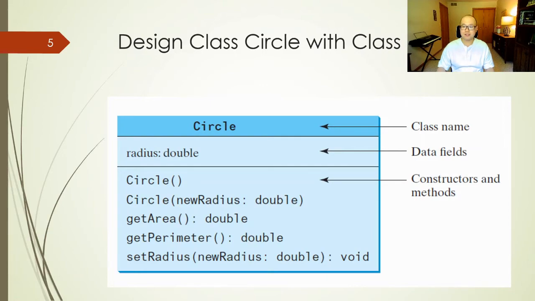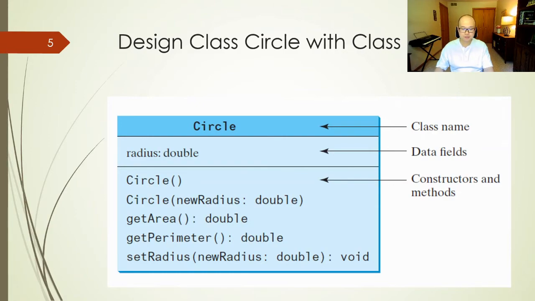The constructor you can see here, Circle. The name of the constructor is exactly the same as the class name. So when you see a method whose name is exactly the same as the class, you know it is a constructor. That's a very outstanding feature you can use to distinguish a constructor from a normal method.